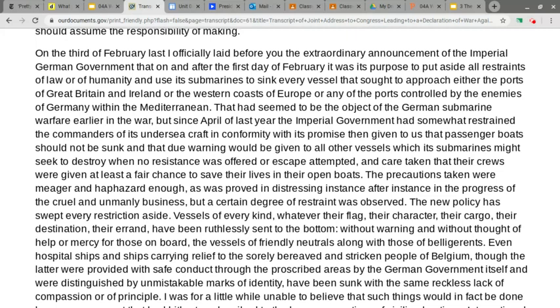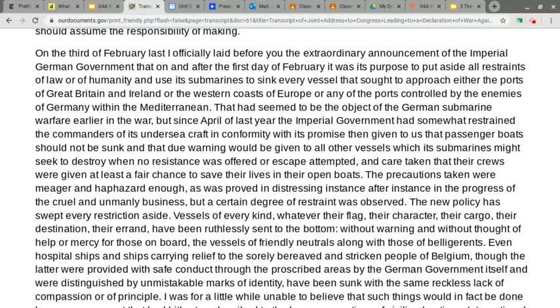Let's pause right there. Stopping trade, sinking ships trying to go to Great Britain and Western Europe, that may not have been intended primarily to punish the United States.